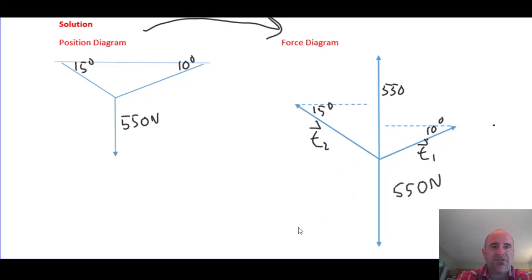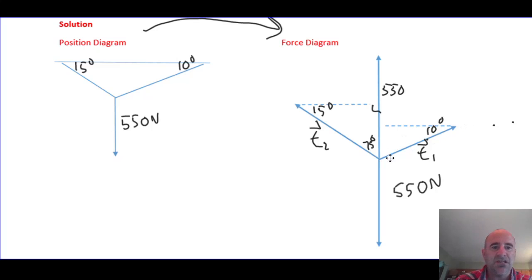Okay, so a few things I noticed. Obviously, this is a right-angled triangle here. If that's 15 degrees, then we must have a 75-degree angle right here. Okay, just like that. Now I can think about this one here. I know that these sum to 550. So let's use the triangle law, or it's kind of the parallelogram law.